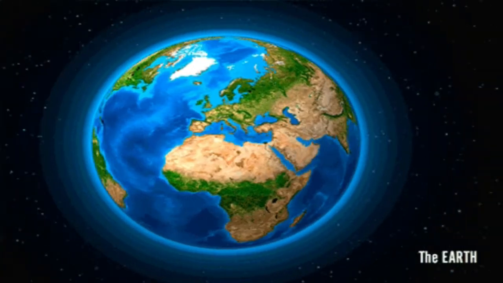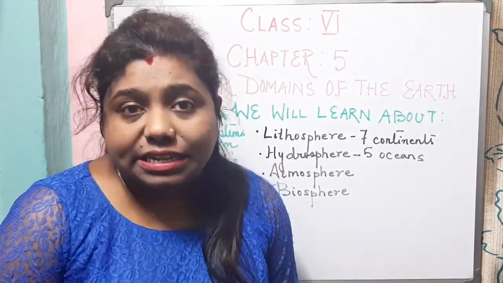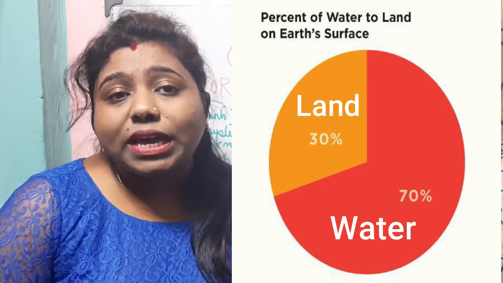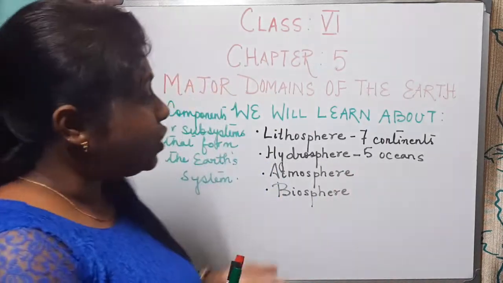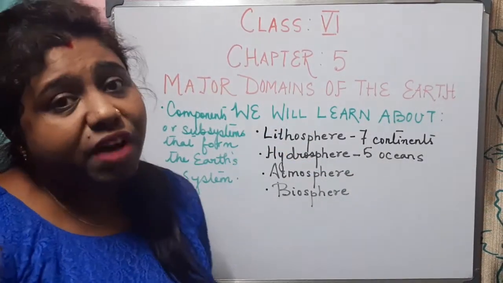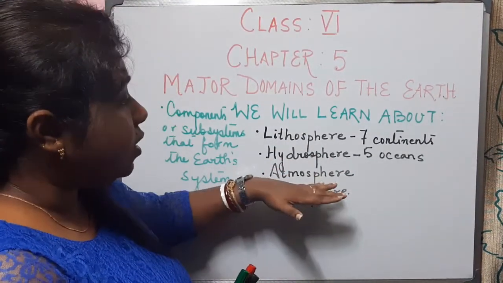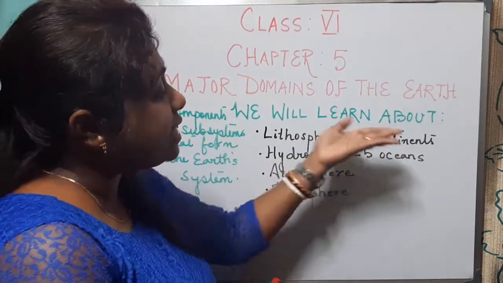As we know, 30% of our earth's surface is covered with land and 70% is covered with water. So we can say that on our earth we find land, which is referred to as the lithosphere, and also water bodies, which are referred to as the hydrosphere. We will learn about the lithosphere and get a brief description of the 7 continents.